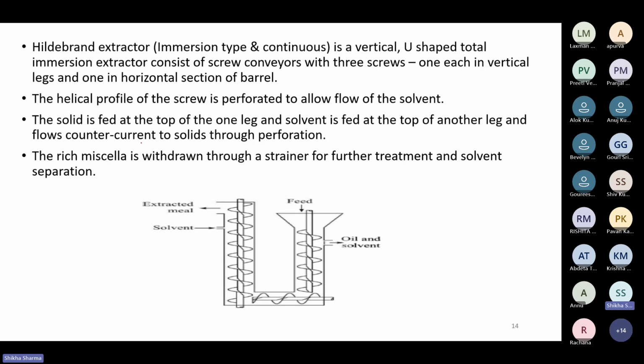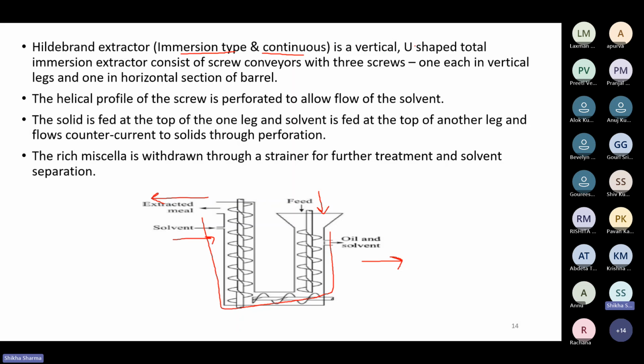So this is the Hildebrand extractor, which is an immersion type extractor, a continuous immersion type extractor, and it is a vertical kind of extractor. There is a U shape where feed is coming from here, solvent is coming from here, the oil is extracted, and the extracted meal will go out from here.